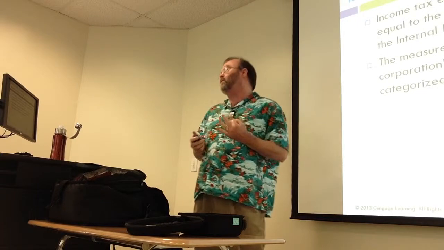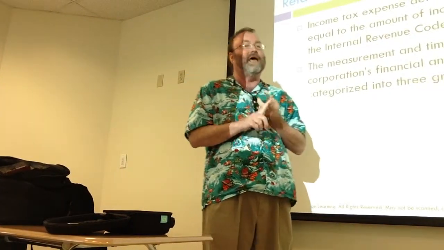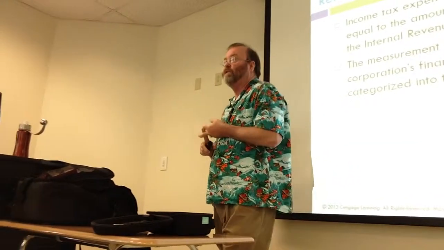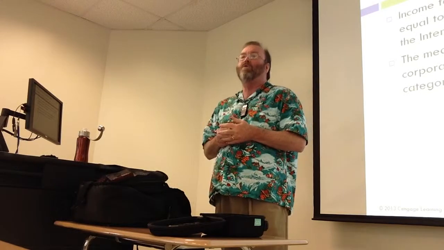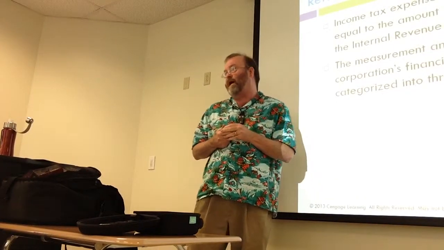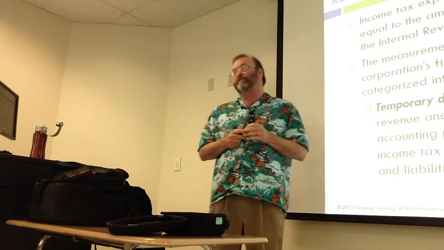So the three things that cause differences between financial U.S. GAAP net income and taxable income, that is reported in the case of a corporation on an 1120 form to the IRS, can be temporary in nature.